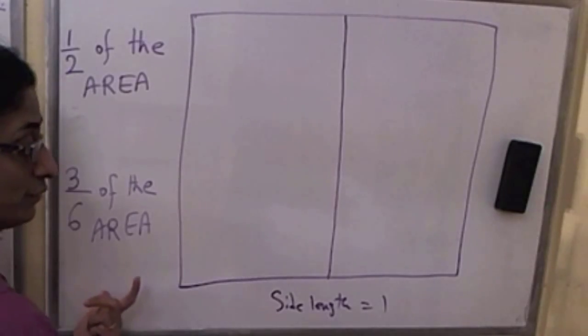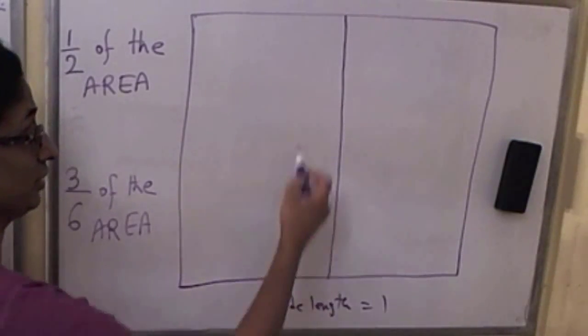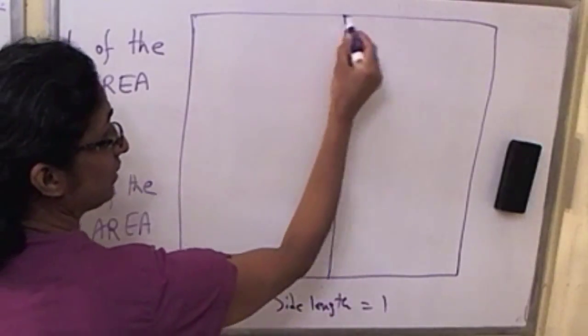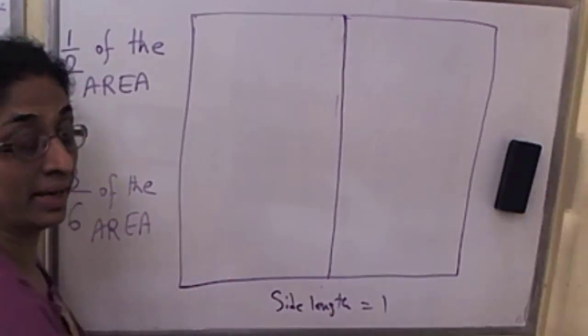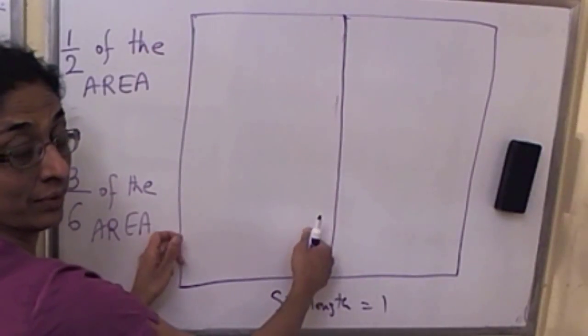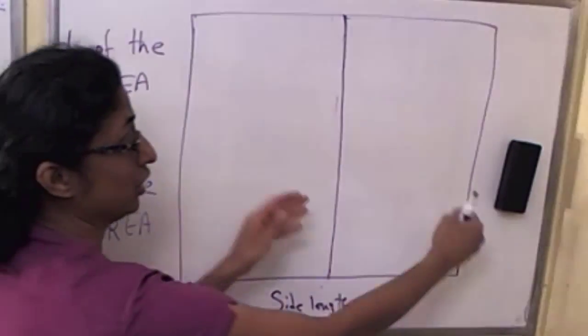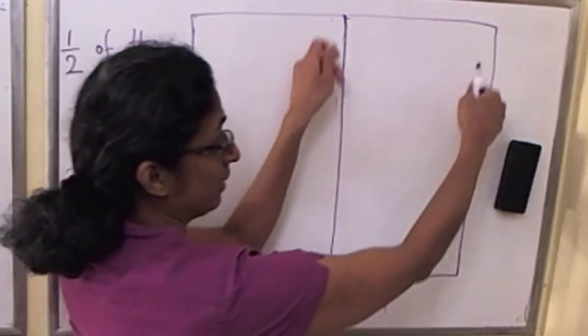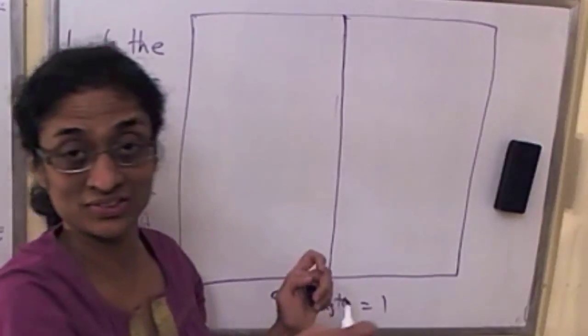There are many ways of doing it, and here I chose to cut it exactly like this. This length is the same as this length, and because of that you can see the left piece is congruent to the right piece. I can lift this piece up and put it on the right piece and it will exactly match up.